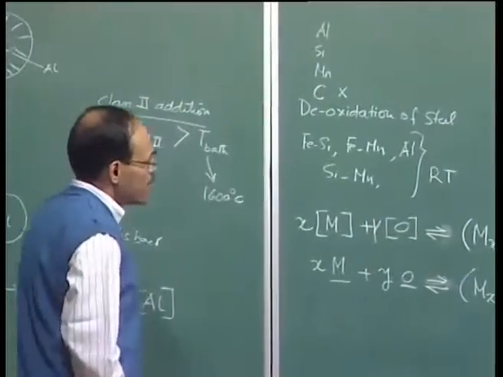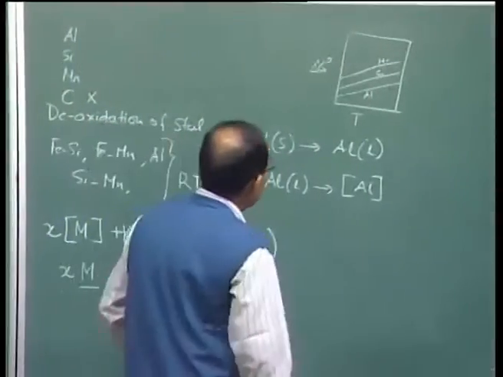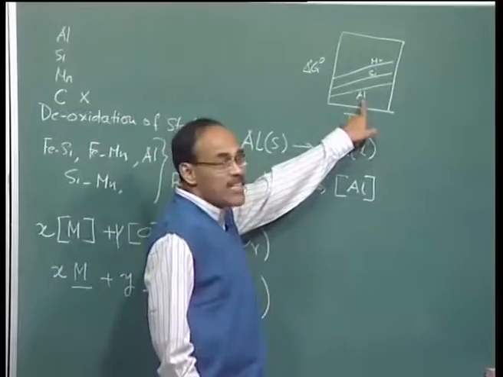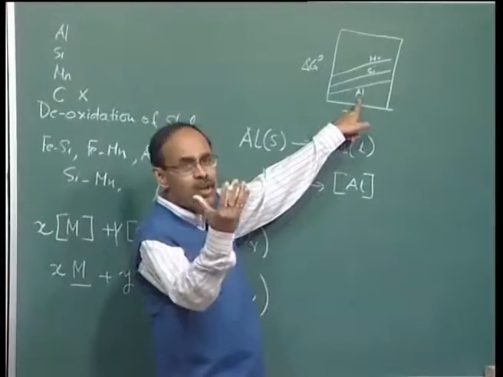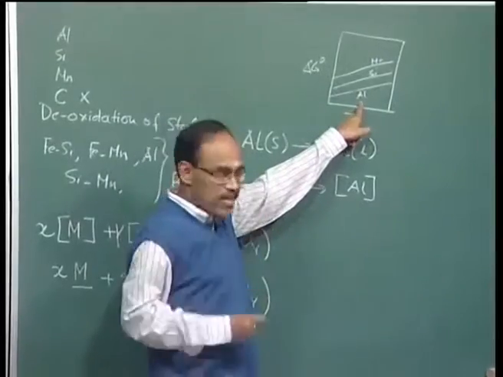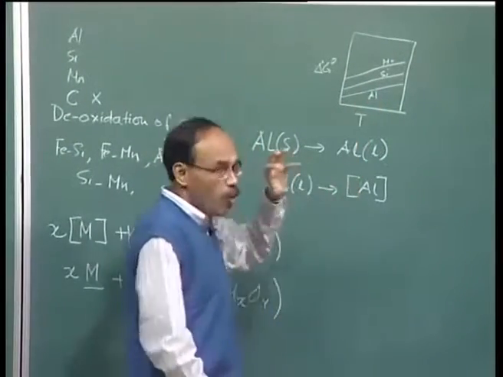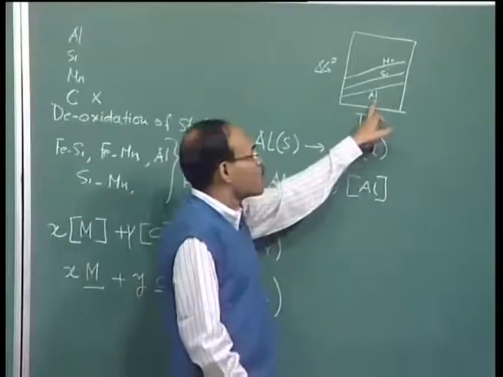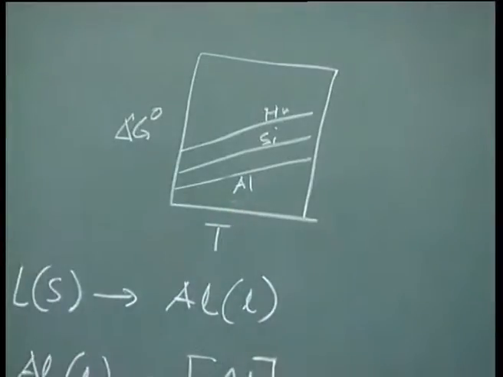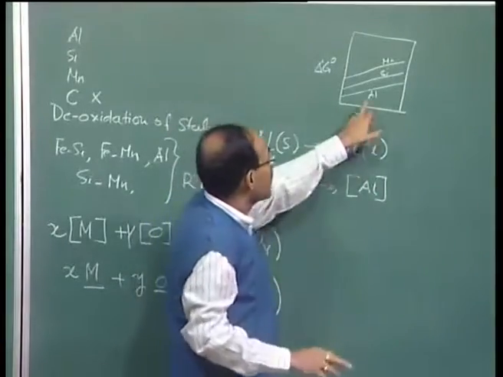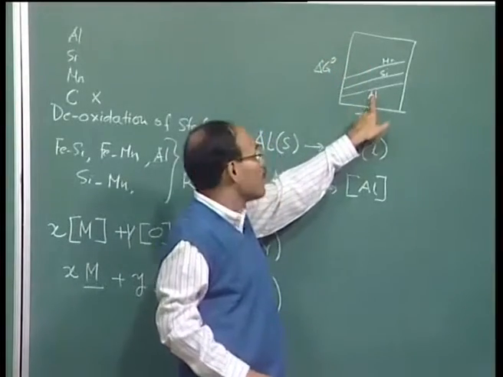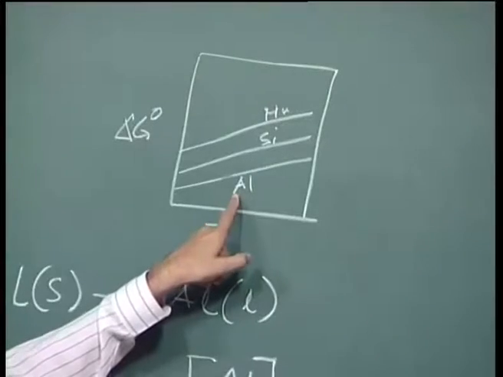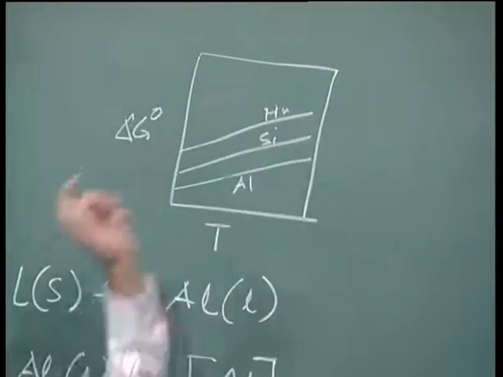We can also say that if the affinity towards oxygen is higher, then the residual level of aluminum for a given oxygen is going to be less in the bath. So if I say that the final oxygen is fixed, then on the basis of this information I can conclude that the residual level of contamination with aluminum is going to be lesser in comparison to silicon, and in comparison to manganese.